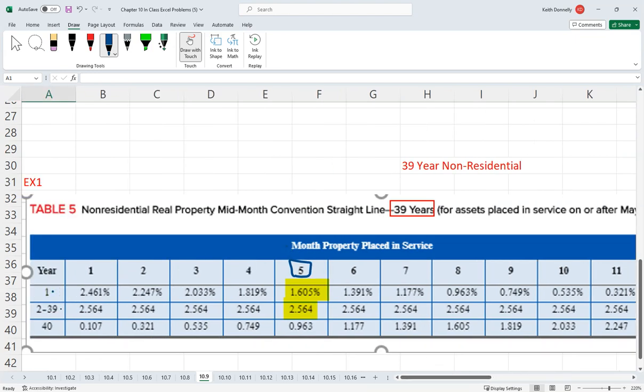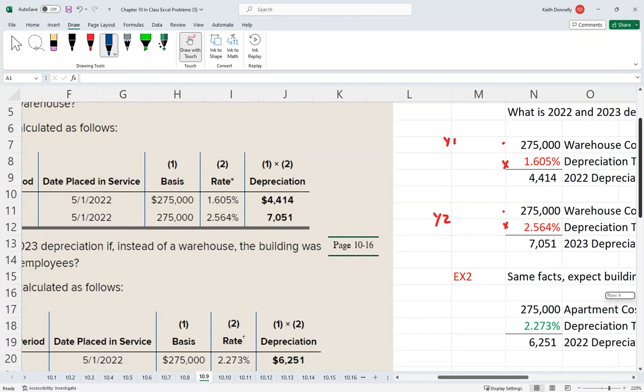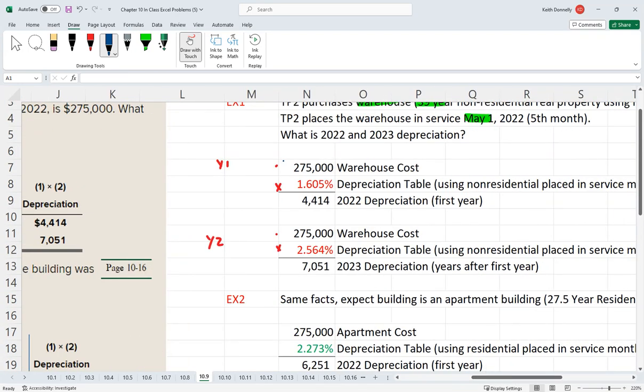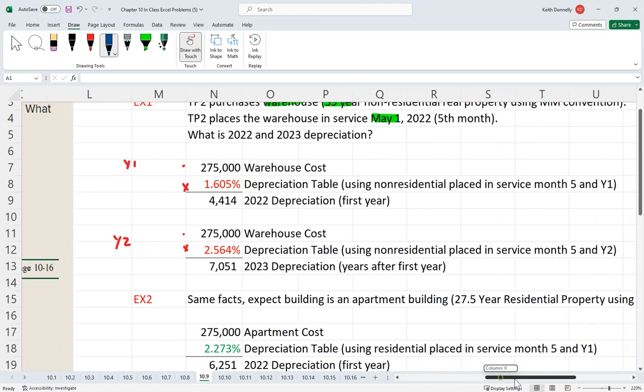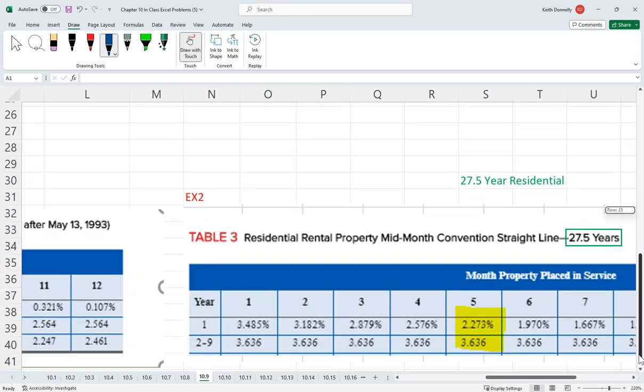They want to know year 1, year 2 depreciation. Hey, there's the percents, 1.605, 2.564. Cost times the table percentage, cost times the table percentage. There you go.